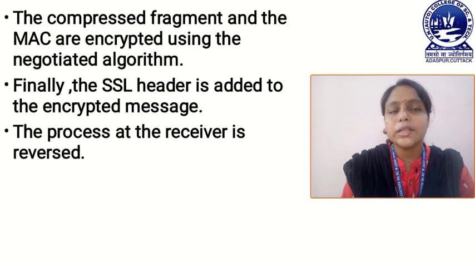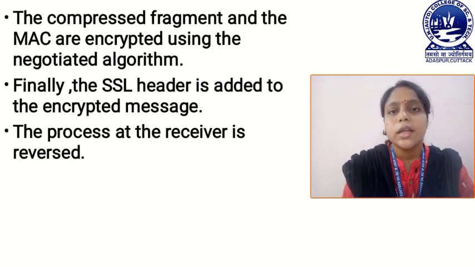Next, the compressed fragment and the MAC are encrypted using the negotiated algorithm. That means the message which is compressed and fragmented, and the MAC value, both are encrypted using the algorithm. Then finally the SSL header is added to the encrypted message, and the process at the receiver is the reverse.